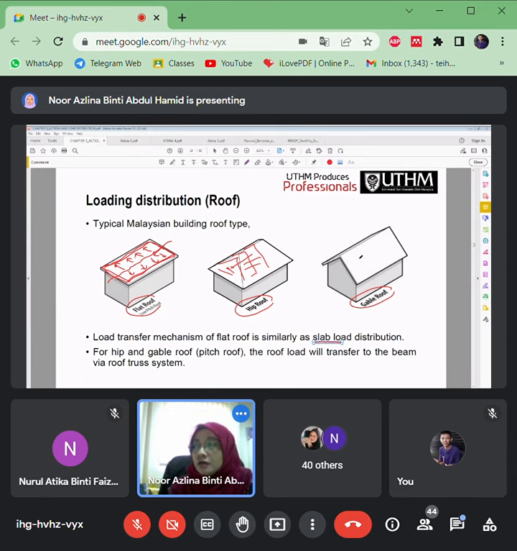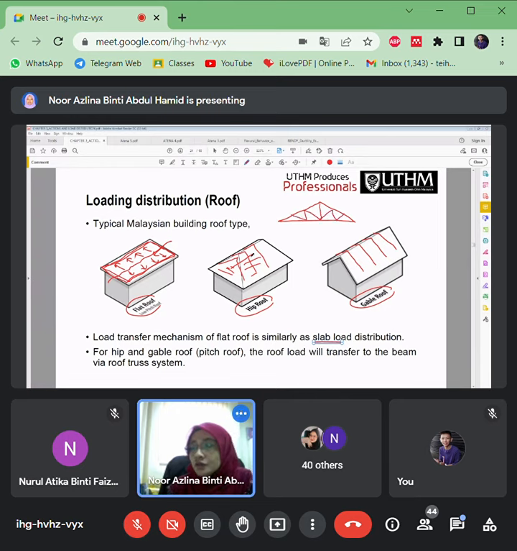This gable roof will also have several truss members, depending on the spans of the buildings. If I sketch one truss member, it will have a member in compression or a member in tension.